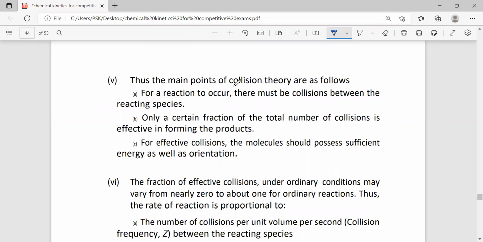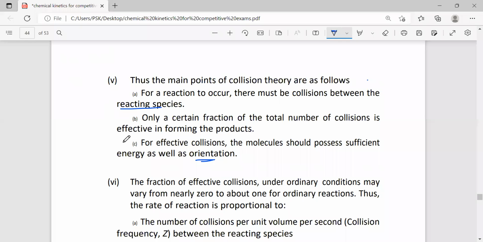Thus, the main points of collision theory are as follows. For a reaction to occur, there must be collision between the reacting species. Only a certain fraction of the total number of collisions is effective in forming the products. For effective collision, the molecule should possess sufficient energy as well as proper orientation.